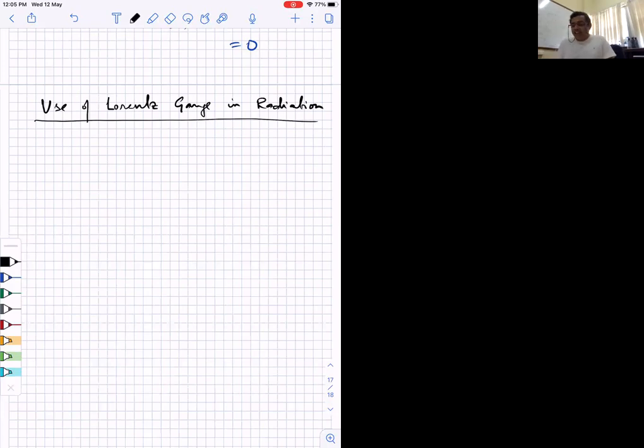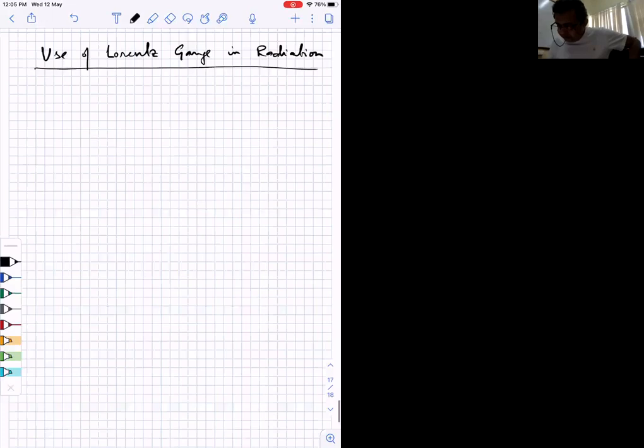Remember we had talked about the Green's function, and we are going to do the same thing, but an extended variety of the Green's function that we introduced in the last class or the one before, and solve it using the Lorentz gauge.